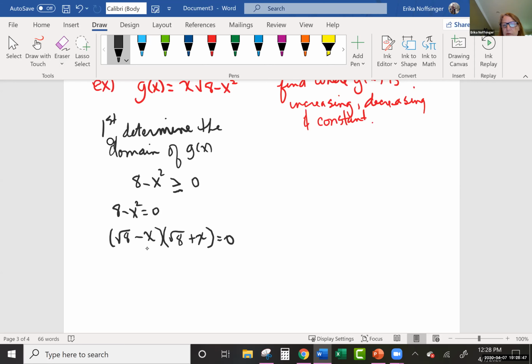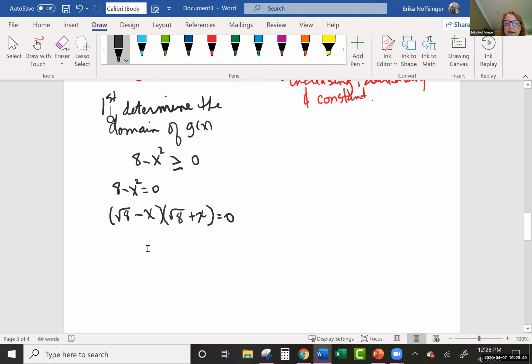So solving for the values which make that equal to 0, I'm looking at when is square root of 8 minus x equal to 0, and square root of 8 plus x equal to 0. So that would be when x is the square root of 8, or when x is equal to negative square root of 8.